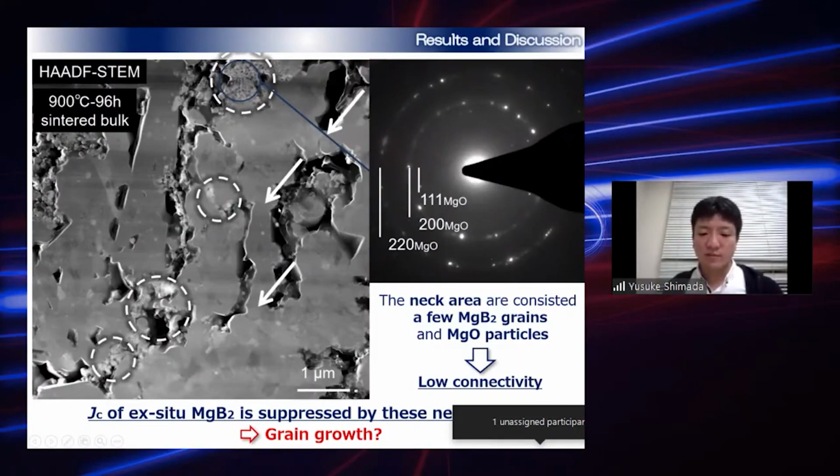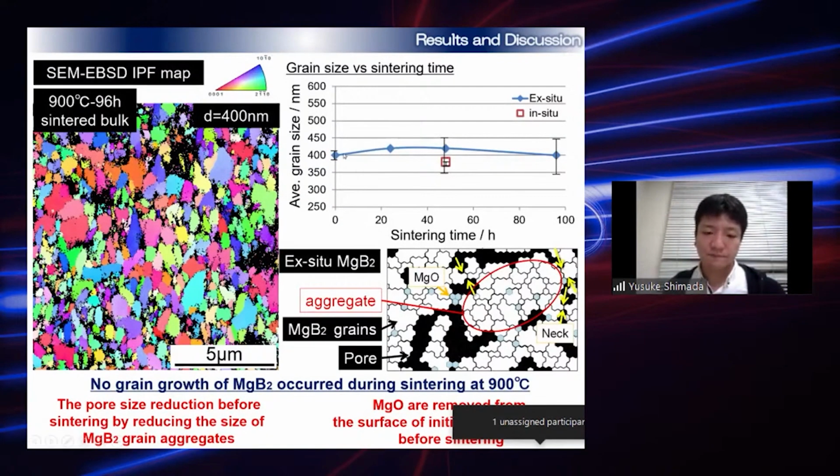So for enhancing this neck area and connectivity, promoting grain growth seems to be a better solution. However, no grain growth of MgB2 occurred during sintering at 900 degrees.